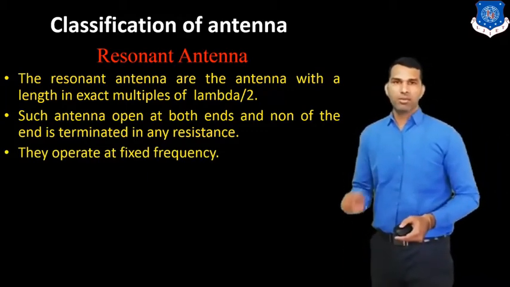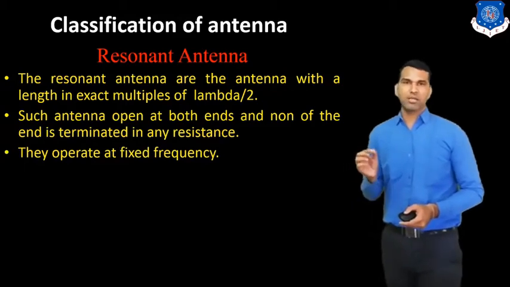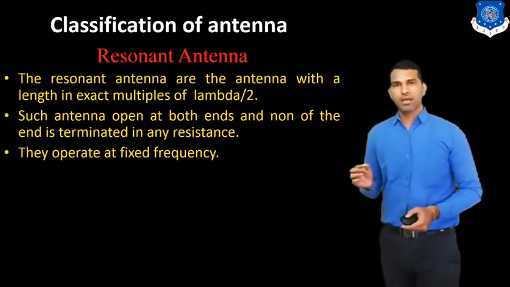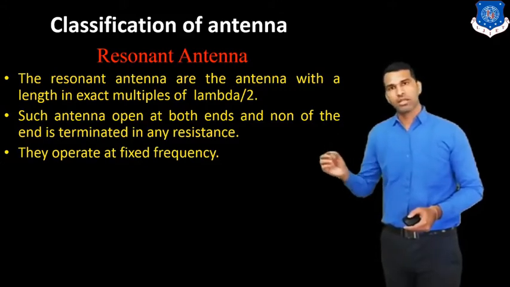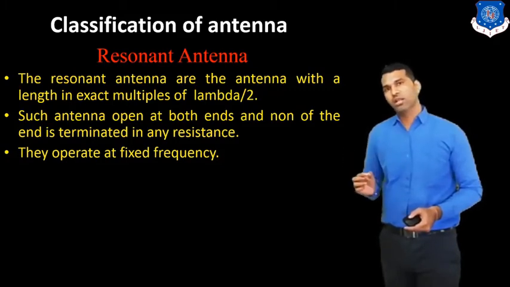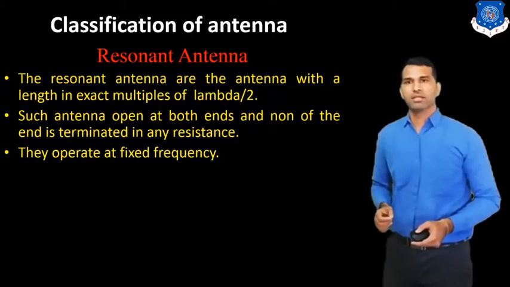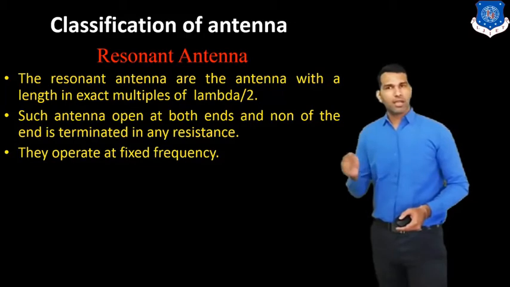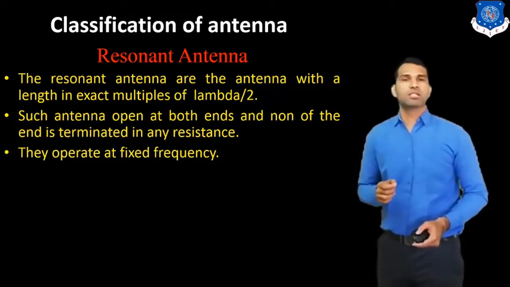That means one particular frequency is defined for this antenna, like we use an antenna for one particular application only. For example, I use this antenna for 1.1 gigahertz, so I receive only the 1.1 gigahertz frequency using this antenna. So it operates at a fixed frequency.